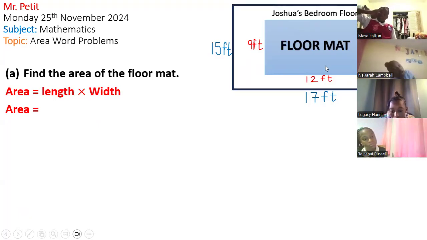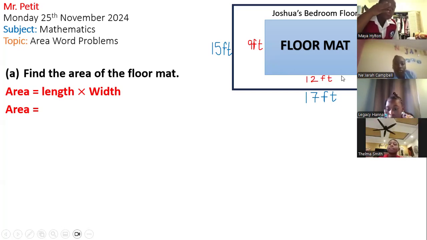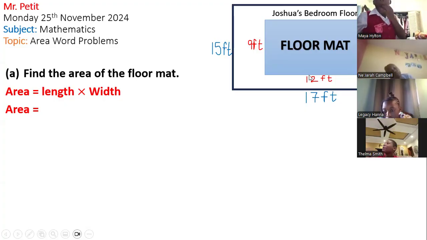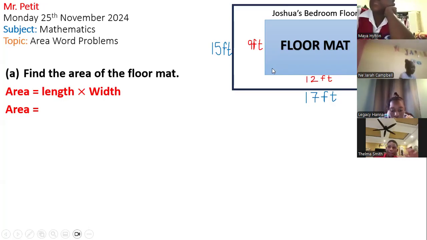Which side is the longest? 12 feet is the longest, so 12 feet would be the longest side of this rectangle. And then what's the width? 9 feet. So the length is 12 feet and the width is 9 feet.